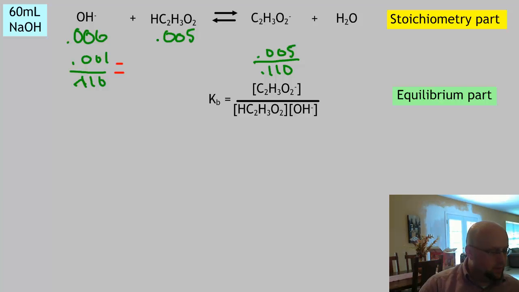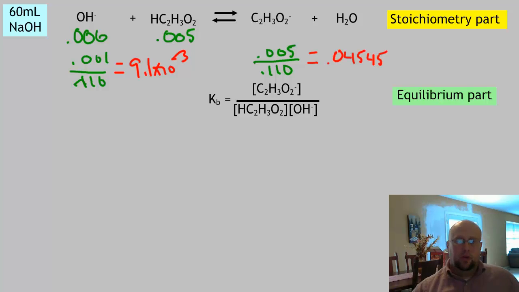Okay, so that's going to give me, I want to say 9 point something. Hold on. Let me look at my calculations. So that gives me 9.1 times 10 to the negative third. And we could calculate this part out, okay? And that is going to give us 0.045045 of my acetate ion.